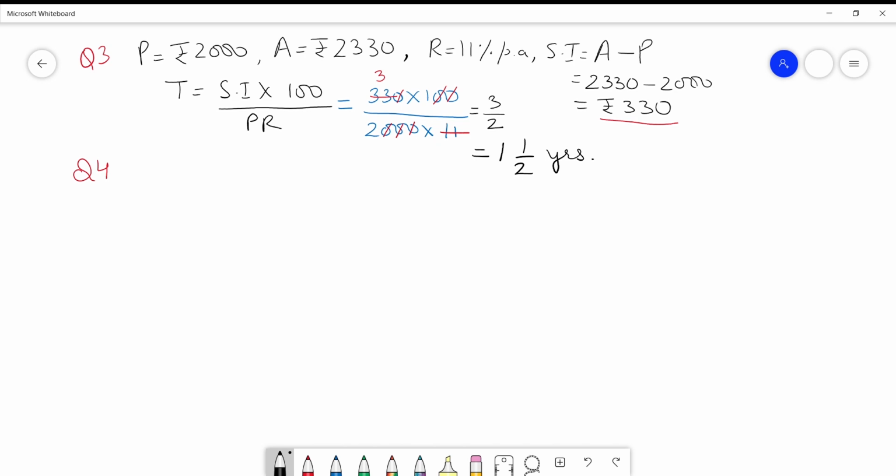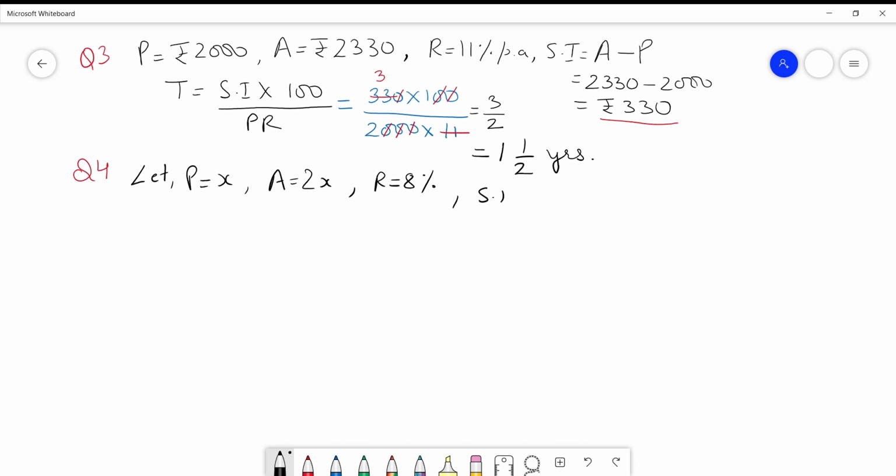Now in the fourth question also they are asking about the time, but the sum of money, that is P, is not given to us. They are just saying it will double itself. That means if let P is X, then amount is 2X, and rate is given to us as 8%.